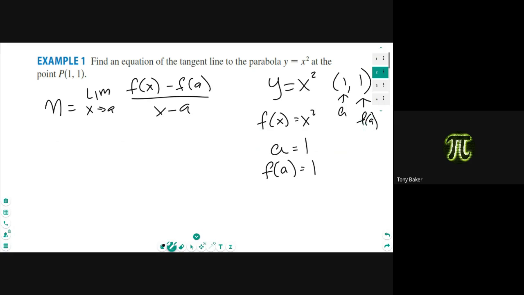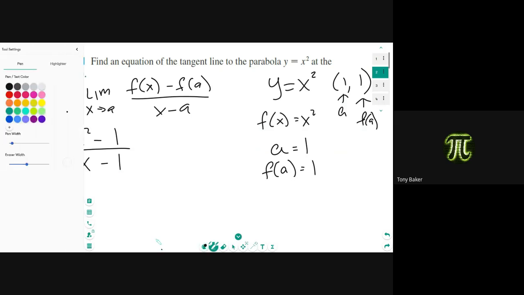So I have the limit as x goes to 1 of x squared minus 1 over x minus 1. So how do I solve it? All right, so let's factor the top.